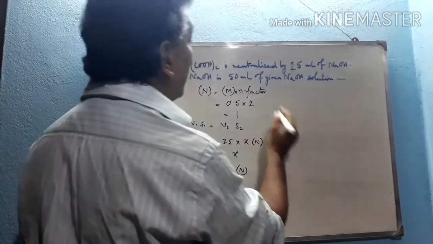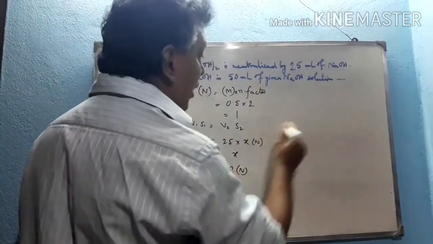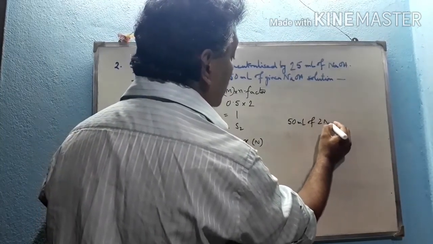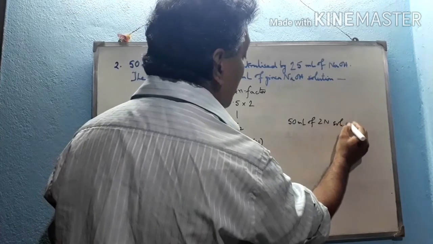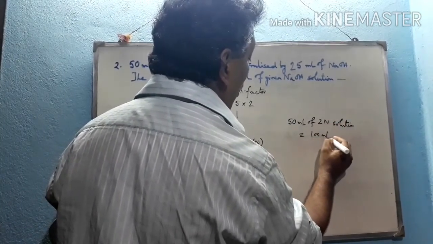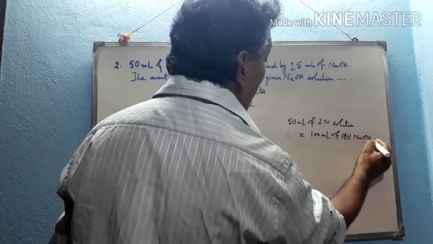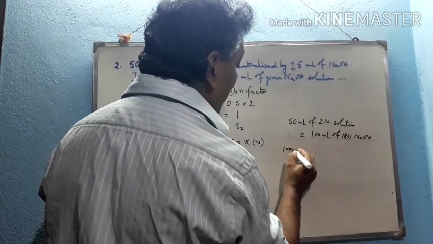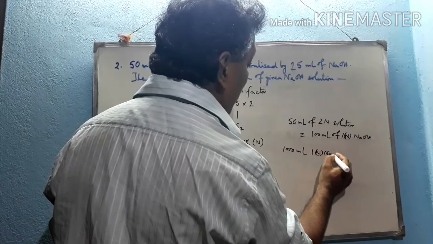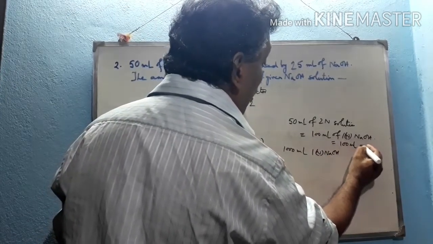Now we have to find the mass of sodium hydroxide present in 50 ml of this solution. So 50 ml of 2 normal solution is equivalent to 100 ml of 1 normal NaOH solution.